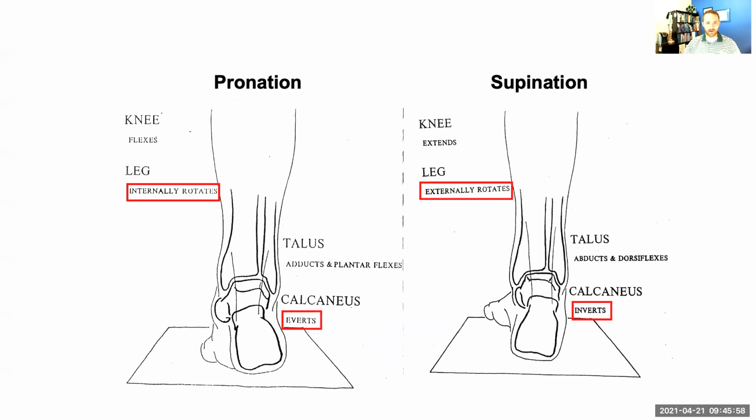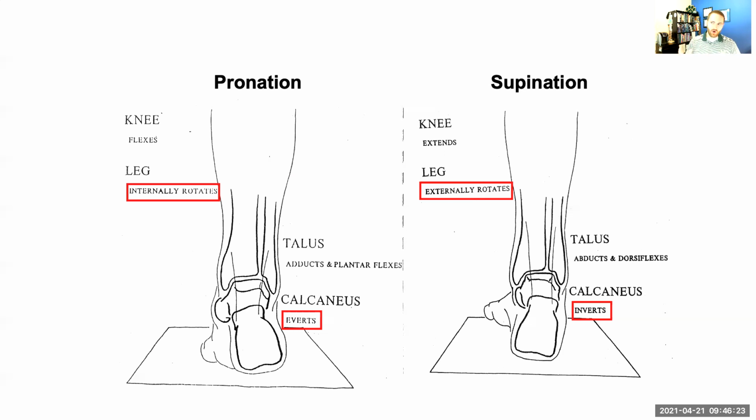This is accompanied by leg or specifically tibial internal rotation. During supination, we see the calcaneus inverts, or we have hind foot varus, and specifically this leads to external rotation of the tibia. Again, we're talking about rotation, not a morphology change like torsion.